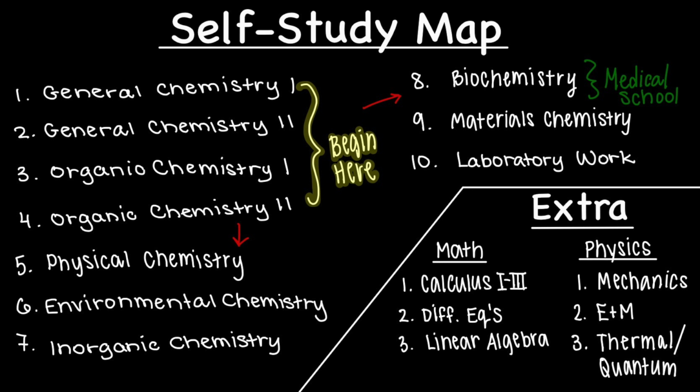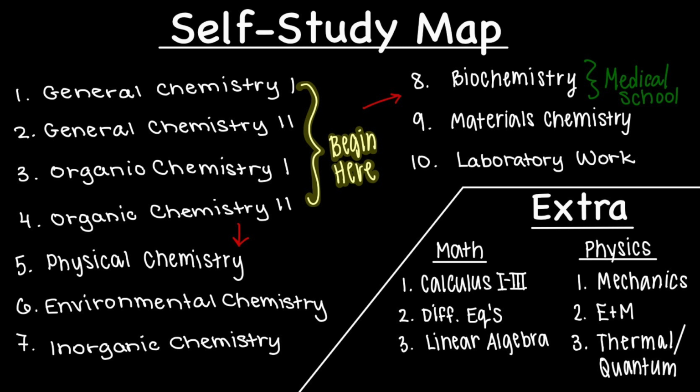What's your goal? For me personally, I was much more interested in the physical side of chemistry, which is why I took classes like physical chemistry. But for each individual person, there's a different reason that they have. So 5 to 9 are sort of a choose your own adventure. Choose what satisfies your thirst for knowledge.